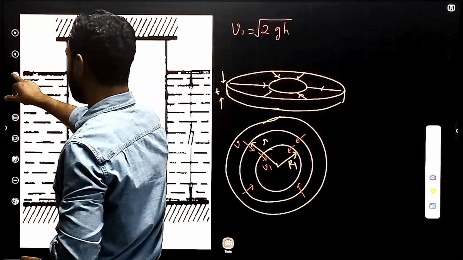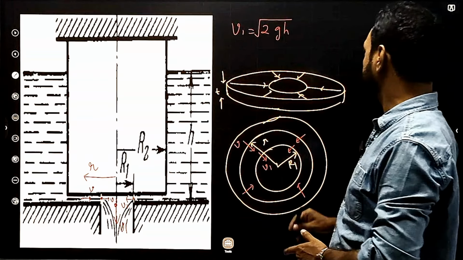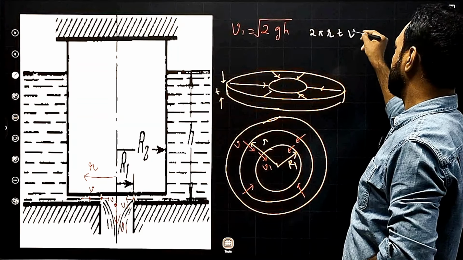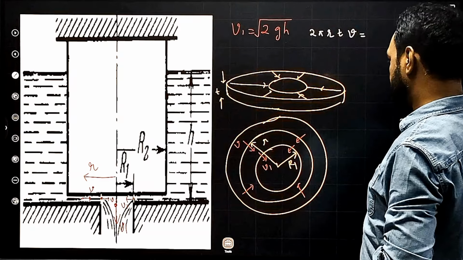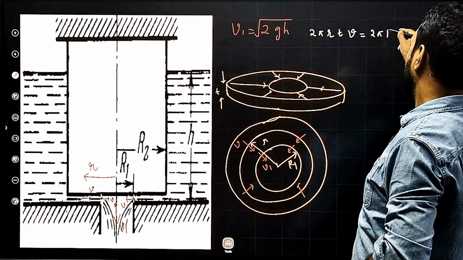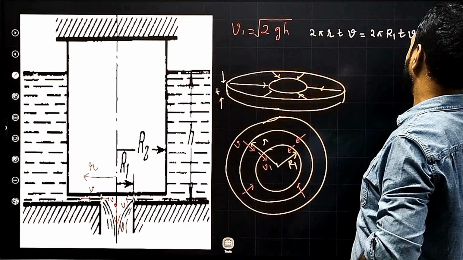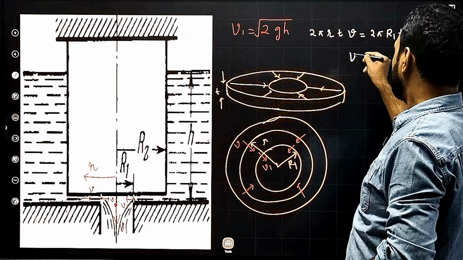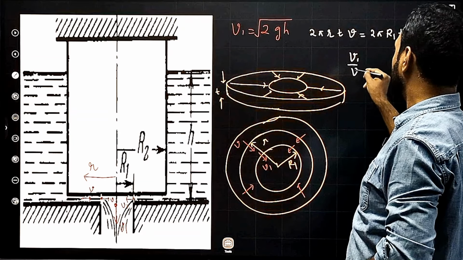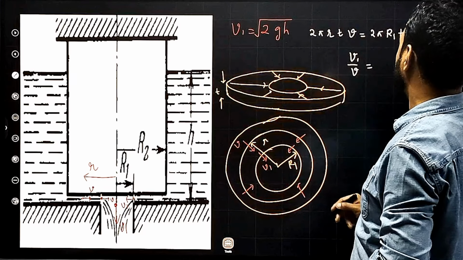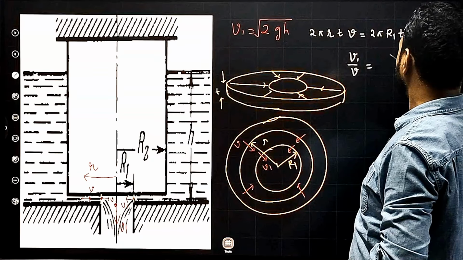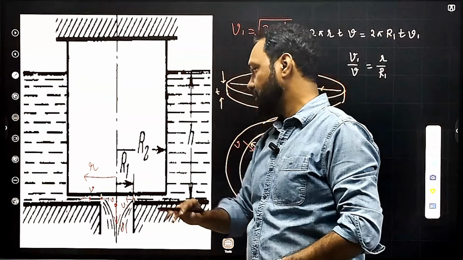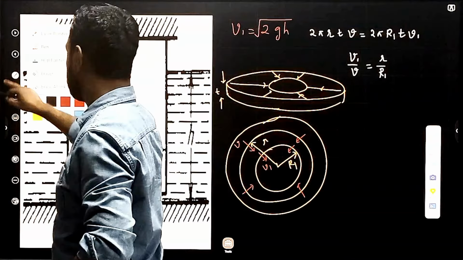So applying the continuity equation on this section and this section, we will get 2 pi small r t into v is equal to 2 pi capital R1 t into v1. So v1 by v, 2 pi and t will get cancelled. So v1 by v will be r by r1.